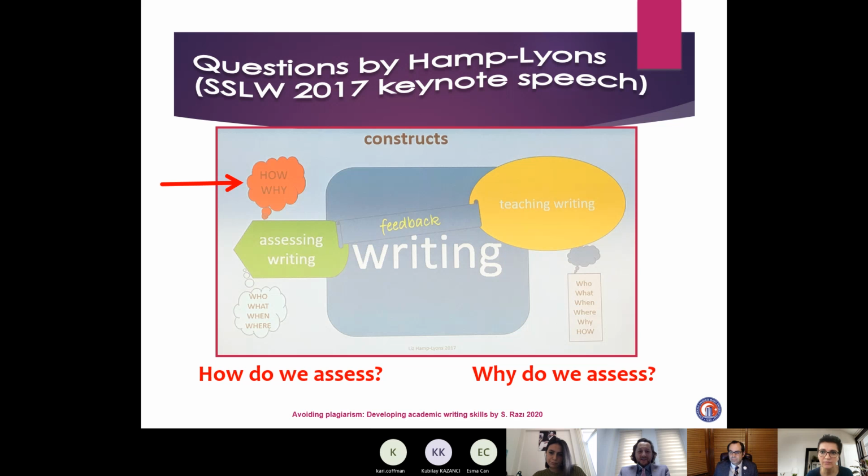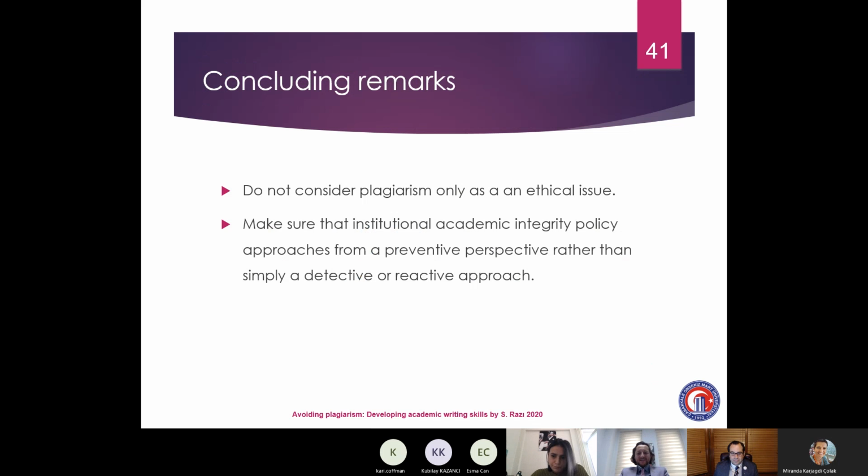Okay, now we are approaching our concluding remarks. We talked about plagiarism, and we talked about a pedagogical approach to plagiarism. It means that we shouldn't consider plagiarism only as an ethical issue, or limit it to ethical issues. In our academic integrity policies, of course, we will be addressing how to detect plagiarism, the sanctions, and our reactions.